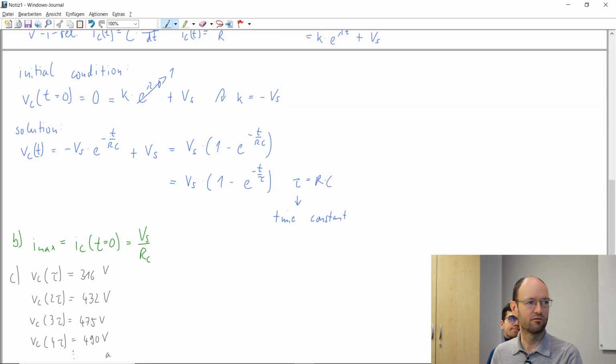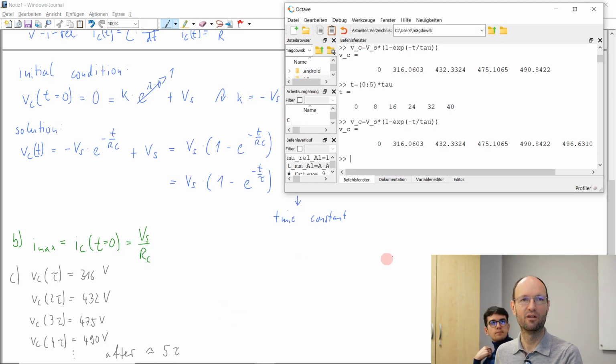So after approximately 5 tau or so, the capacitor is more or less fully charged. Because then, if you have 500 volts, measuring the difference with some oscilloscope, for example, between 498, 499 volts and 500 volts is challenging.